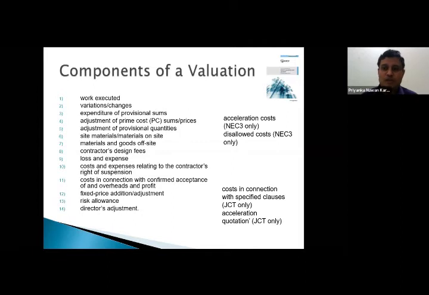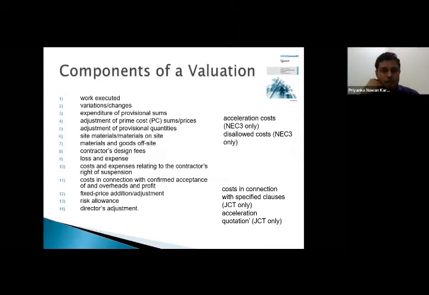However, there are no other mechanisms to determine the value. Therefore, we have to go for an itemized BOQ. In most parts of the world, itemized BOQs are still being used. But there are ways and means to value work if there is no BOQ as well.